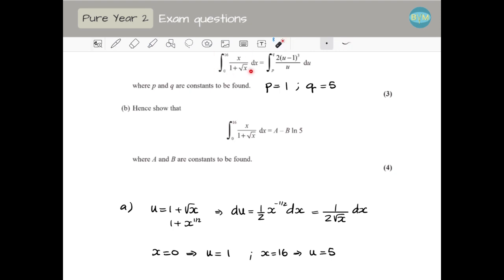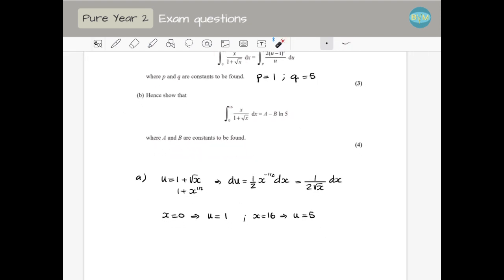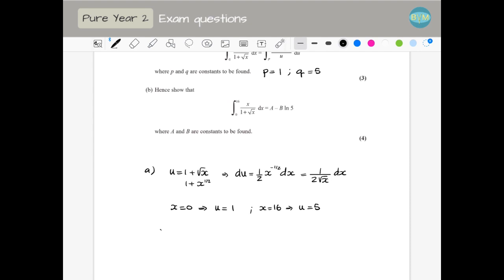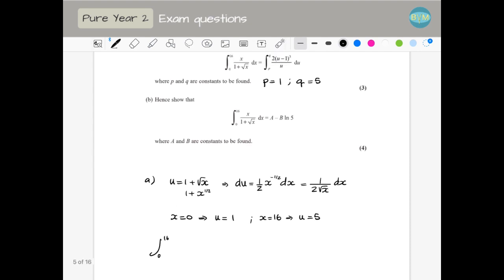Okay, so let's try to write this using the substitution. So the integral between 0 and 16 of x divided by 1 plus root x dx is going to be equal to integral between 1 and 5. Instead of x, I need to find x from here.